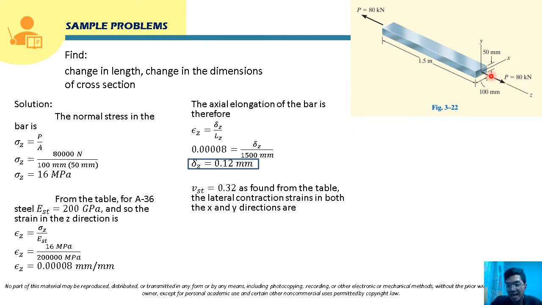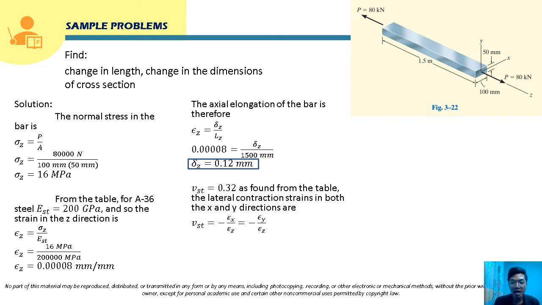So the lateral directions here are the x-axis and y-axis. For the x-axis, this 100 millimeter, there will be a strain here, that is epsilon x. And for the y direction, this 50 millimeter, there will also be a strain there, that strain is epsilon y.